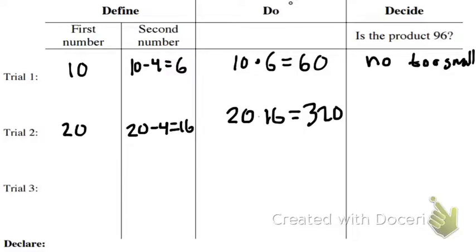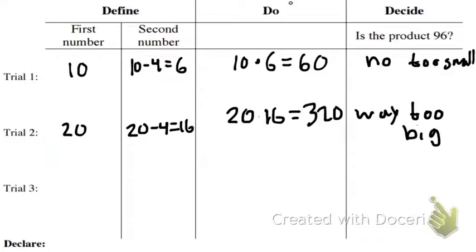So, is the product 96? I'm going to answer this. Way too big. Alright, so I definitely went larger. It definitely should be closer to the 10 than it is to that 20. We can see that the 20 is much further off.